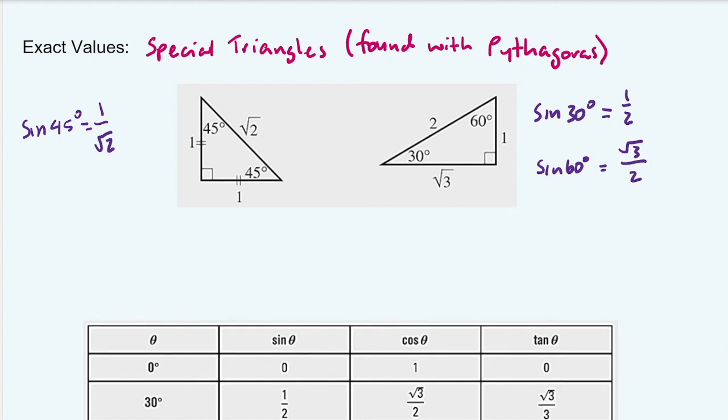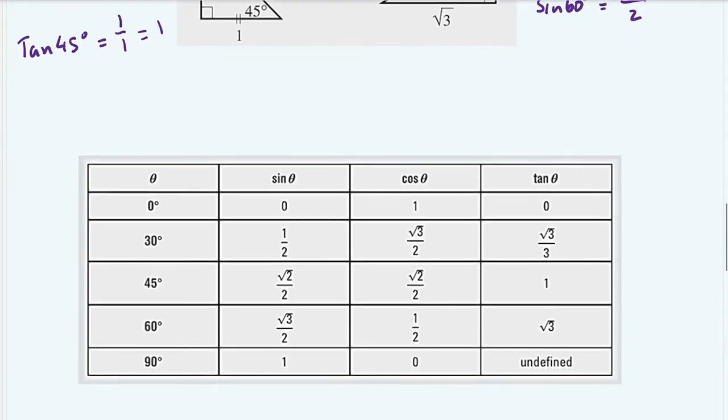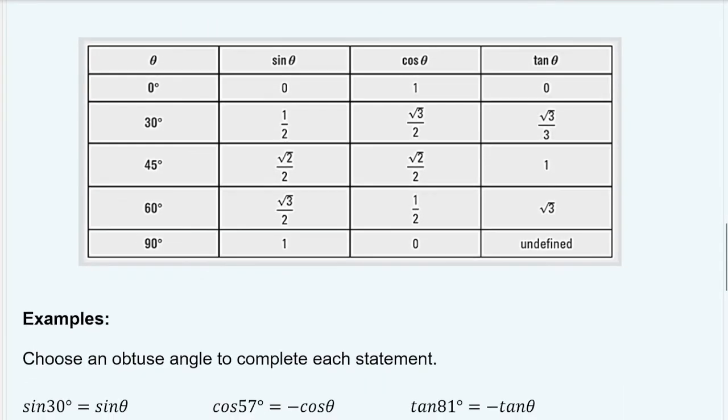If I wanted tan of 45, tan being opposite over adjacent, well, it doesn't matter which way around we go, it's going to be 1 over 1, which obviously equals 1. So it just works out from there. Now on your handout I have included the table.